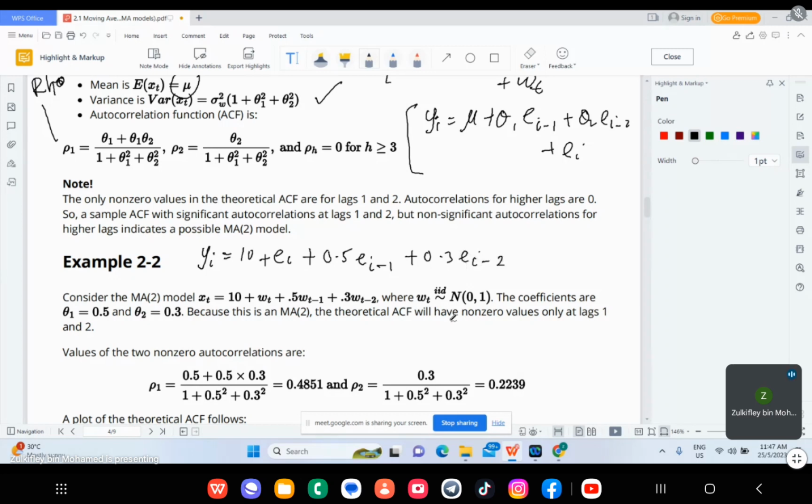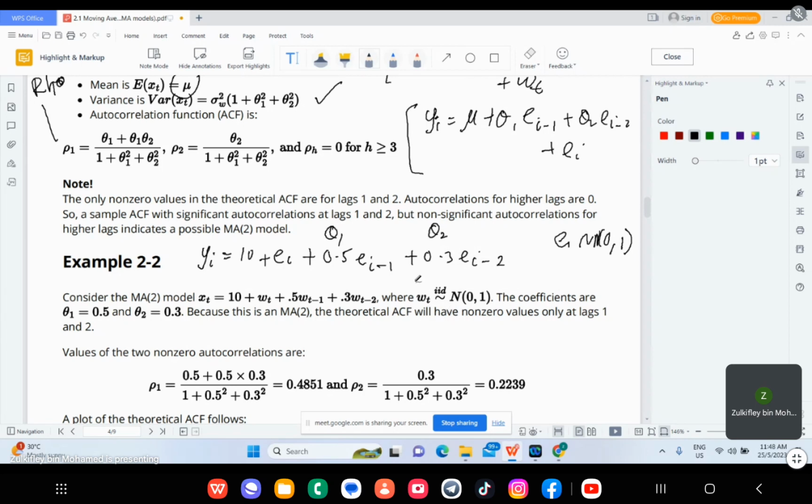Dan epsilon i adalah bertaburan secara normal dengan mean kosong, dan variance bersamaan dengan 1. So from here you can pick up your theta 1 is equal to 0.5 and theta 2 is equal to 0.3. Okay? Because this refers to theta 2 because of i minus 2.